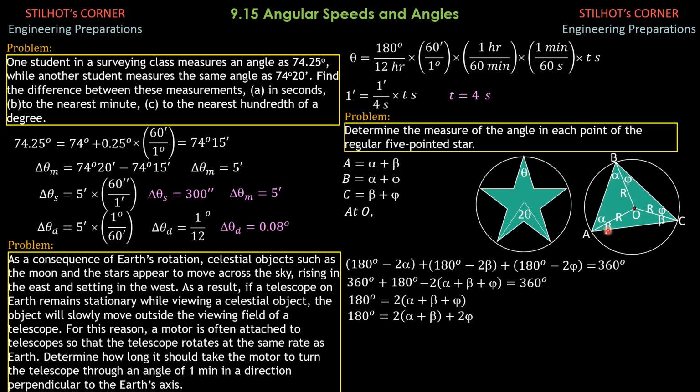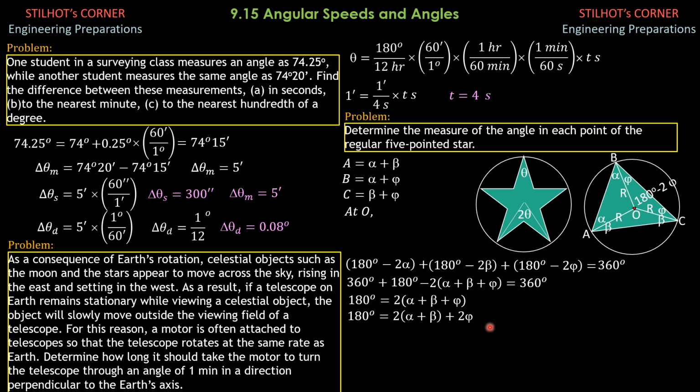So 2 times this angle plus 2 times this angle p here. And since alpha plus beta is A, we conclude therefore that from this equation, 180 degrees minus 2 times p equals 2 times quantity alpha plus beta.